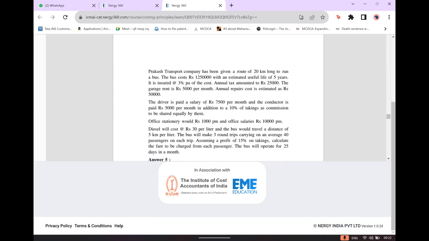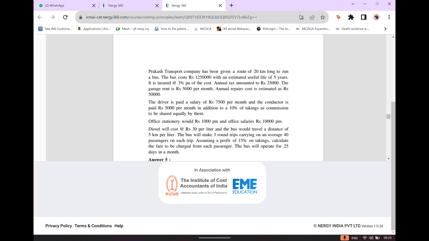So the Prakash Transport Company has given you a route 20 kilometers long to run a bus. The bus costs 12,50,000 with an estimated useful life of 5 years. It is insured at 3% per annum. Annual tax amounted to rupees 25,000. The garage rent is 5,000 per month.